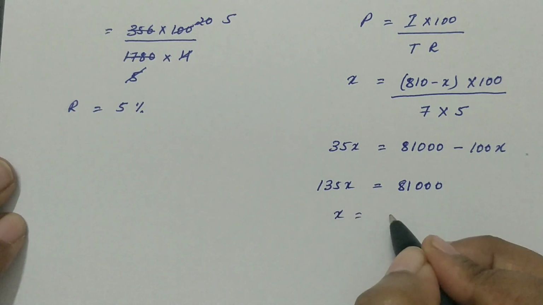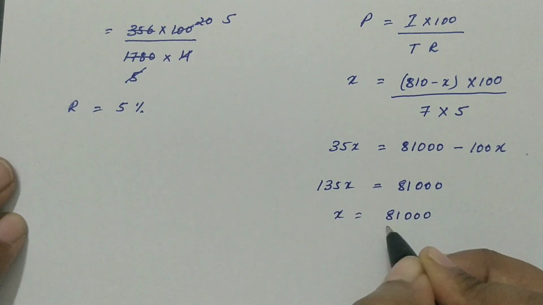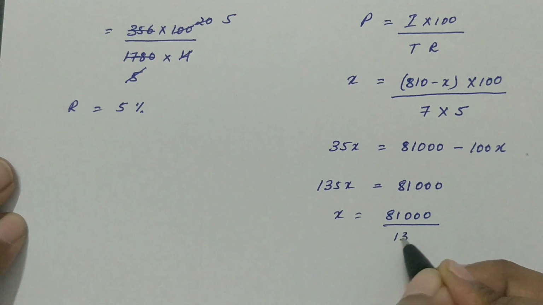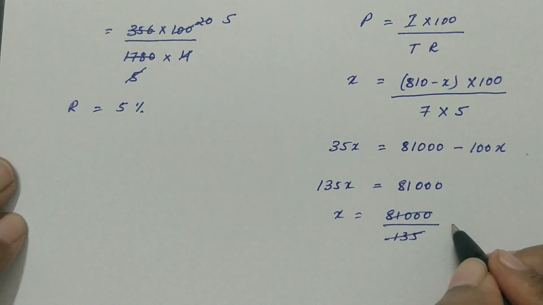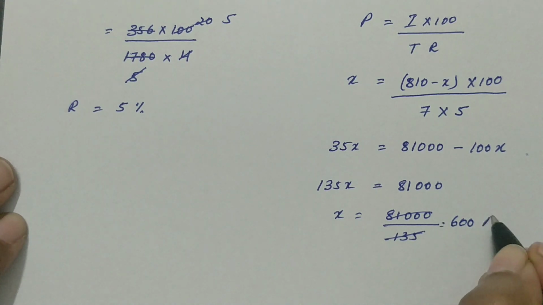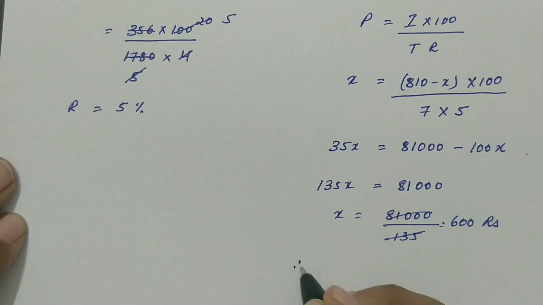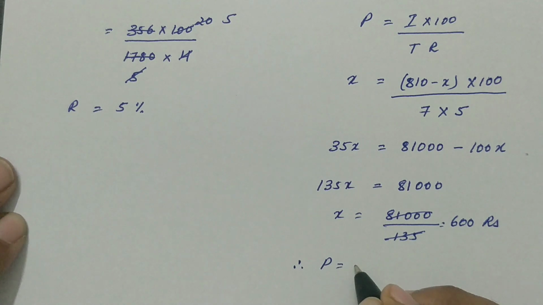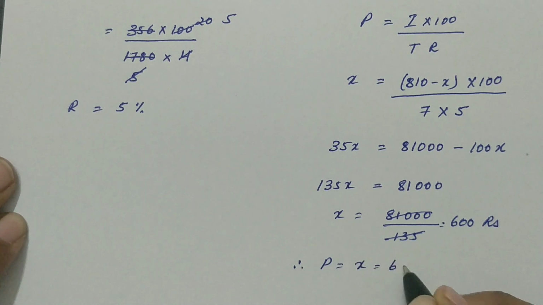X equals 81,000 divided by 135. 135 times 600. X equals 600 rupees. Therefore, principal equals x equals 600 rupees.